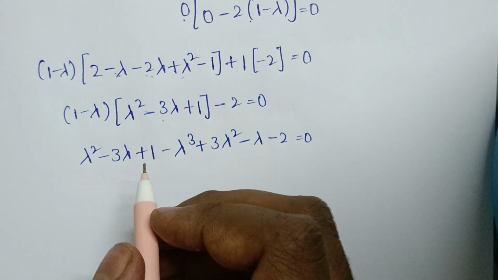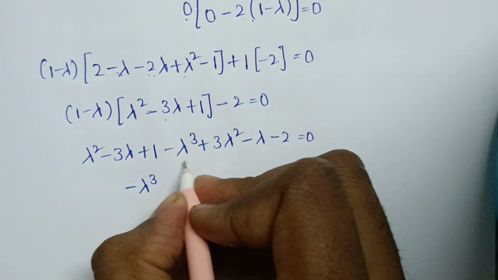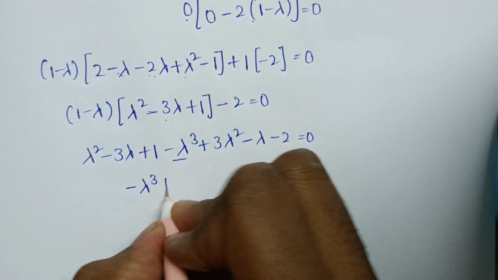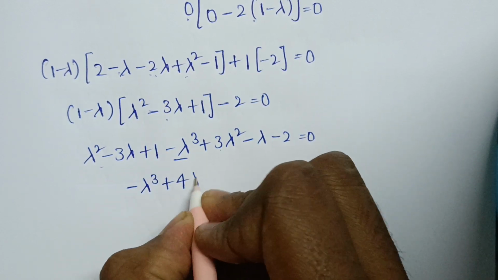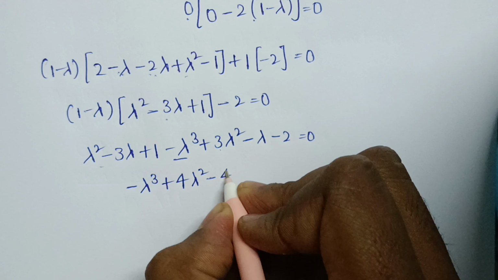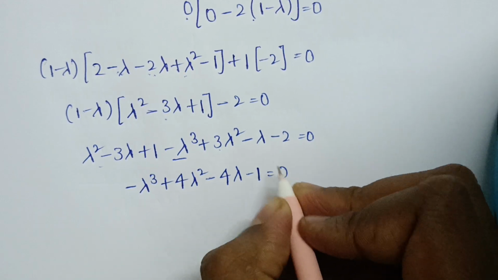So now after solving this, we get minus lambda cube plus lambda square minus 4 lambda minus 1 is equal to 0.